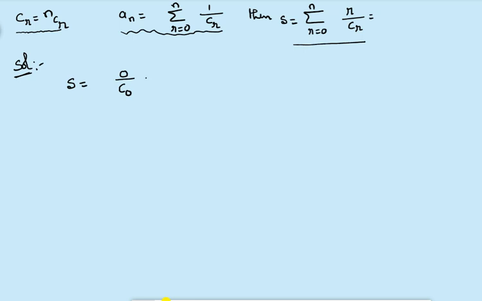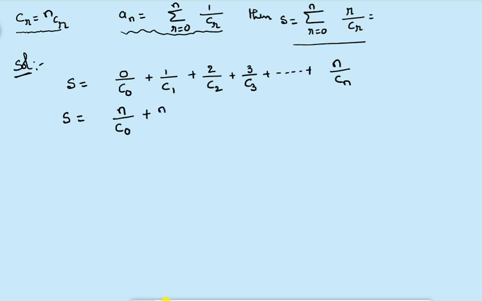0 divided by C0. Next we can write 1 by C1. Next we can write 2 by C2. Next we can write 3 by C3, plus and so on. Finally we can write n by Cn. Now the same S, how I am writing, observe: the last one I am writing first. n by Cn can be written as n divided by C0.